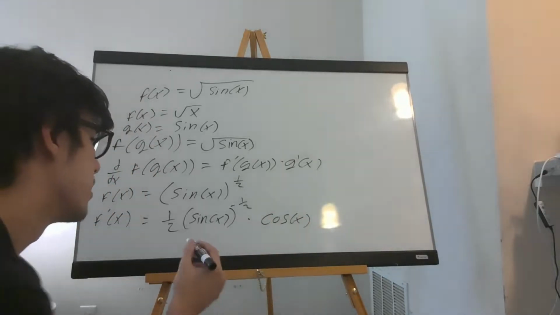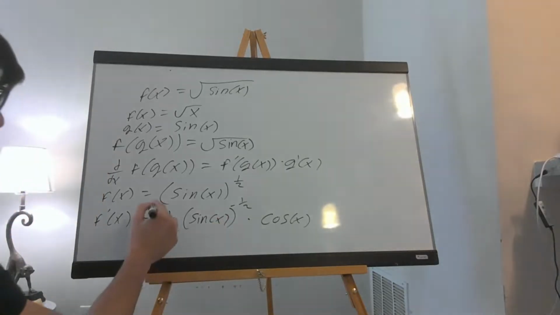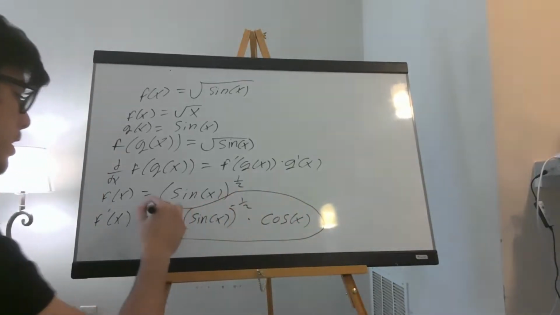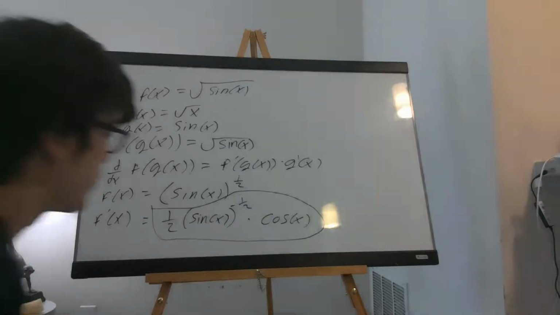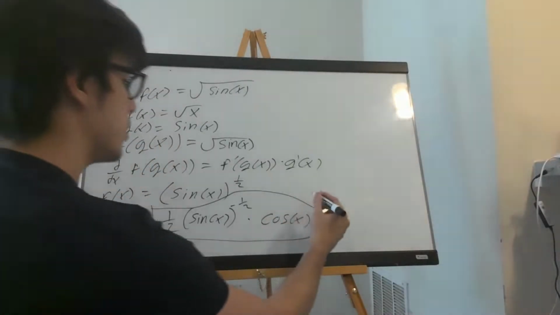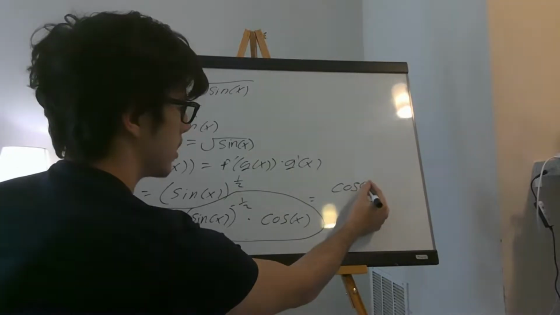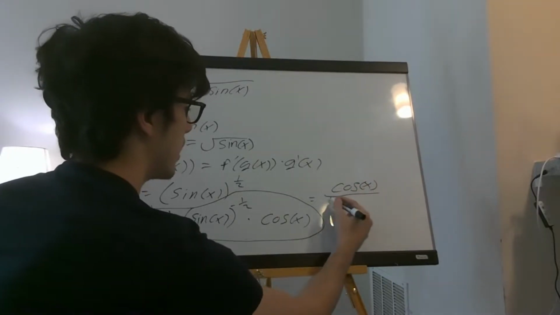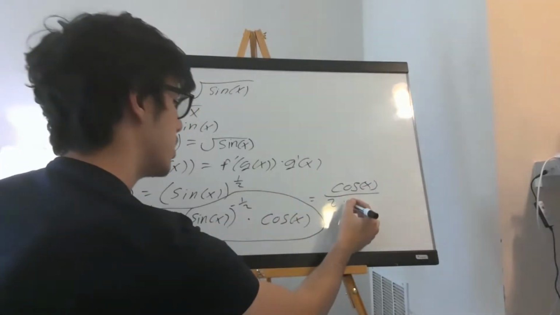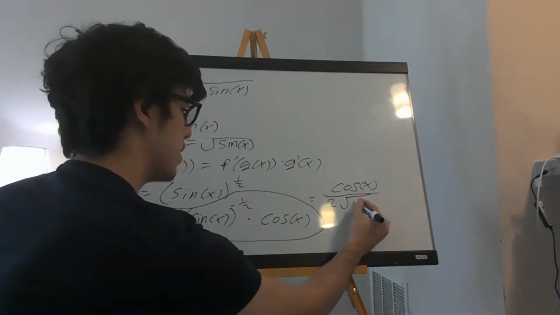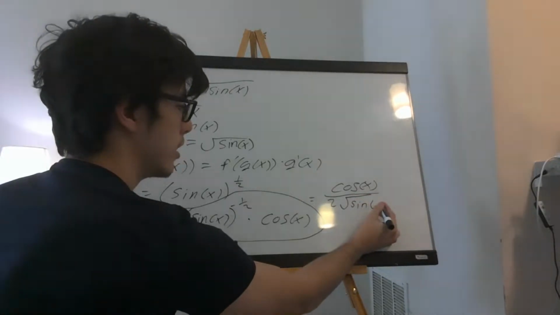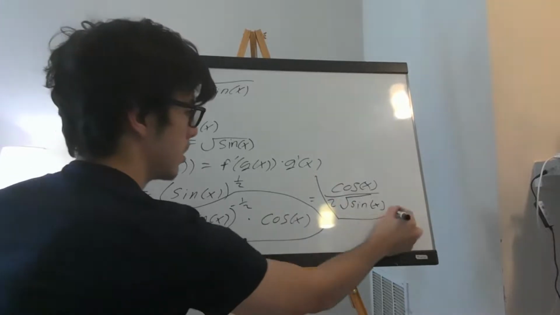So this is going to give us, for our final answer, this nonsense, but not a lot of professors would accept this, so I'm going to show you guys a new way to write it. We're going to keep the cosine of x on the top, dividing the whole thing by 2 times the square root of sine of x.